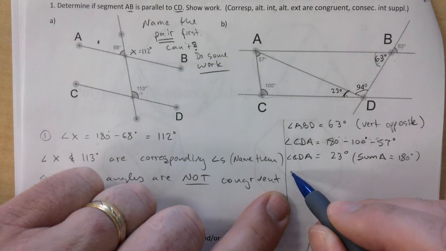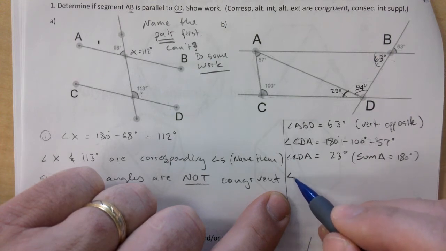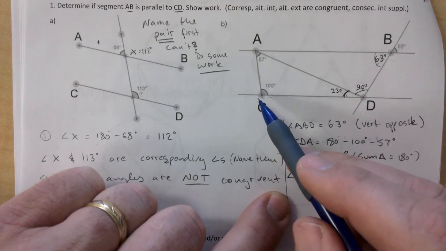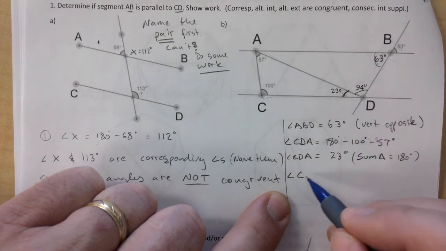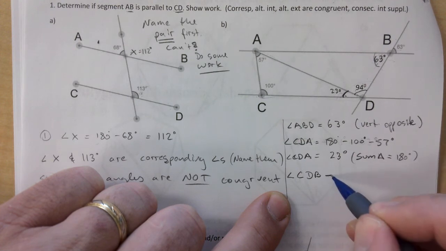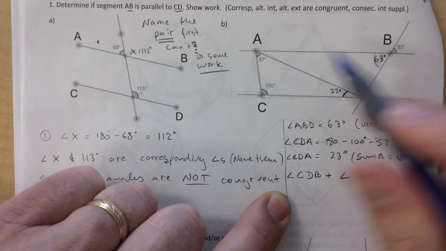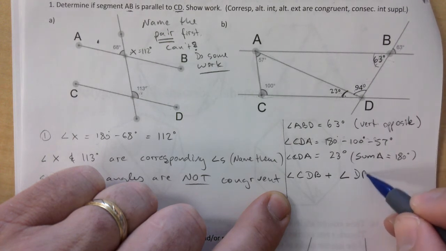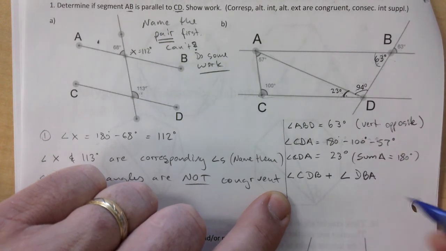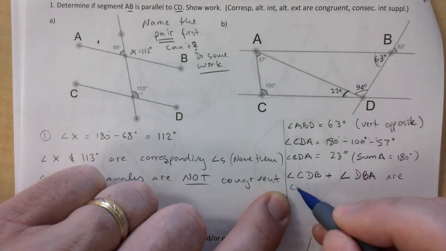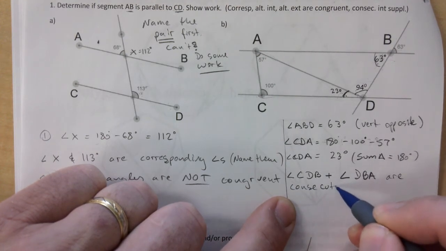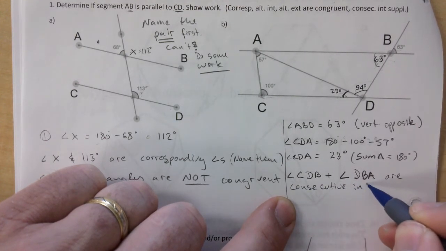And this is how I'm going to conclude my work here. Angle CDB plus angle DBA, right, are consecutive interior.